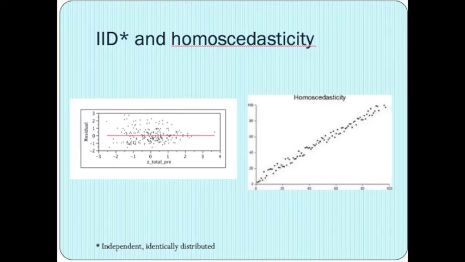So, the graph on the left shows what homoscedasticity looks like when you plot the errors against the predictor. For all the values of the predictor, the variance is approximately equal. And the graph on the right shows, again, that the variance around the predictor is about the same for all values of the predictor and the dependent.